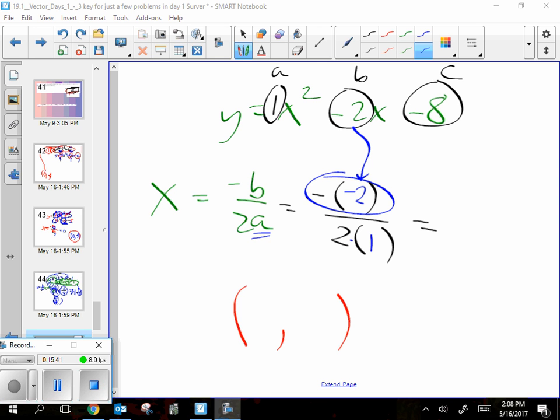That means 2 times 1, so positive 2 over 2, which means 1. How many of you got a 1 for your x? Awesome. Wake up. Did you watch what I just did? So 2 over 2 is 1. All right. So now, what do I do with the 1?